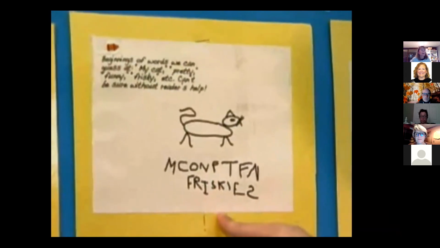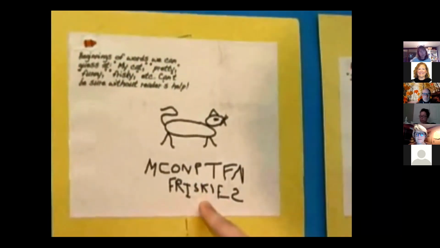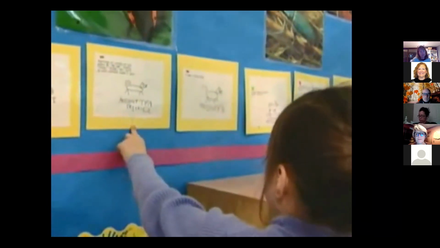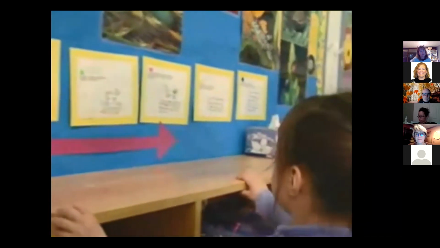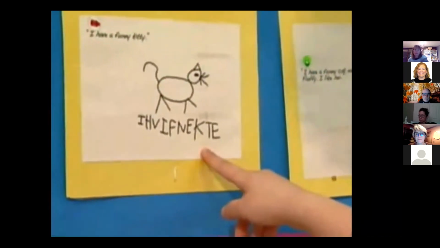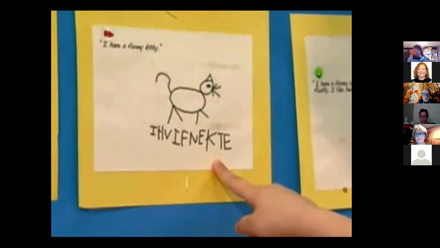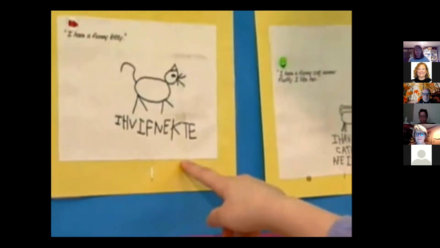Well, some people sound it out and try and make their letters neat on this one. Good. And what about further up the chart, Sarah? Then what happens? On this one, they try to sound it out. They try to make their letters neatly and try to make the thing right.